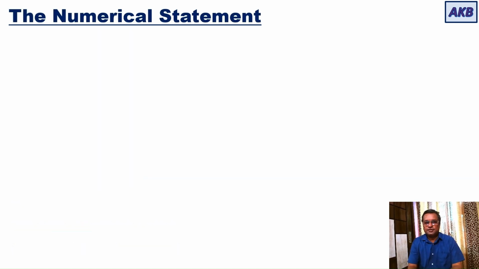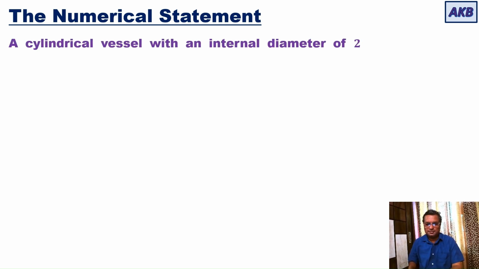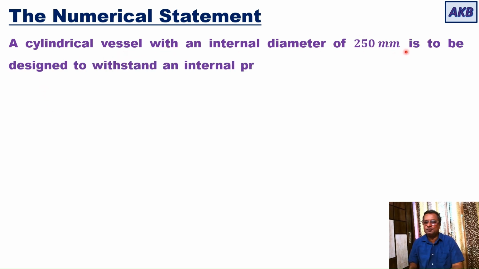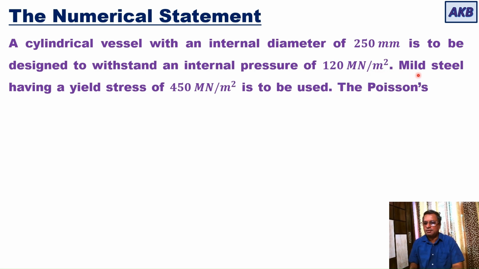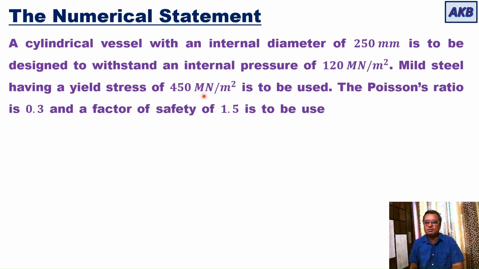Now let us look at the numerical statement. A cylindrical vessel with an internal diameter of 250 mm is to be designed to withstand an internal pressure of 120 meganewton per meter square. Mild steel having a yield stress of 450 meganewton per meter square is to be used.